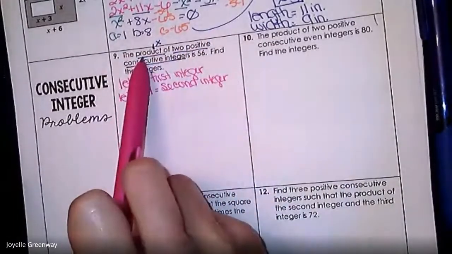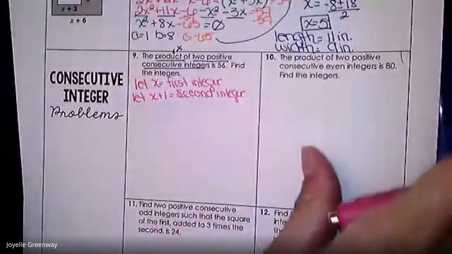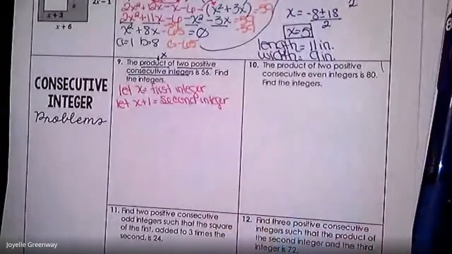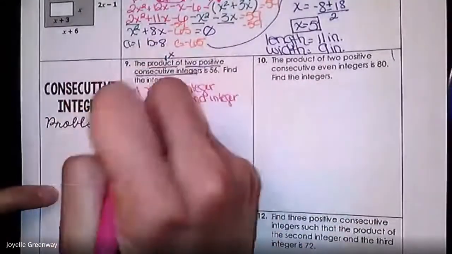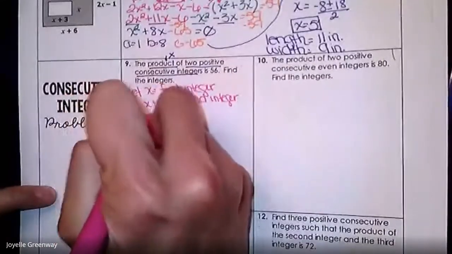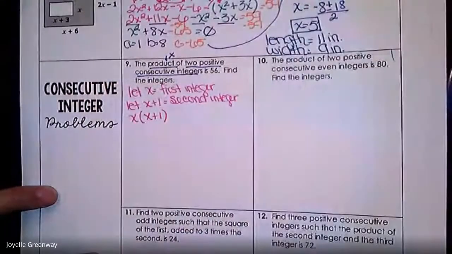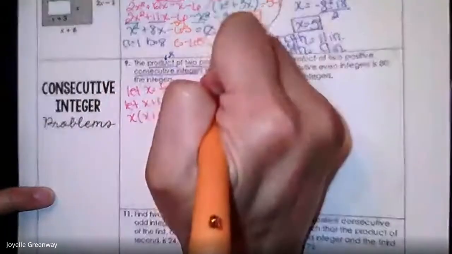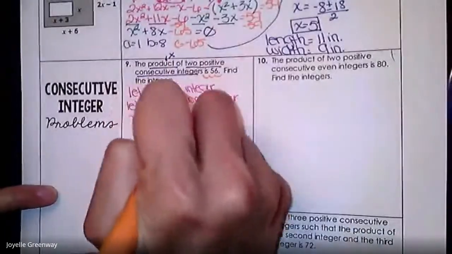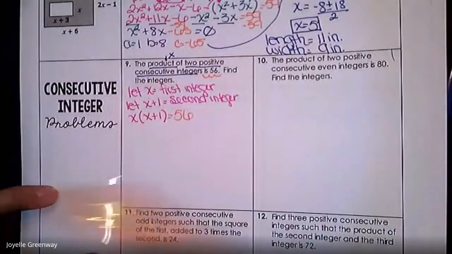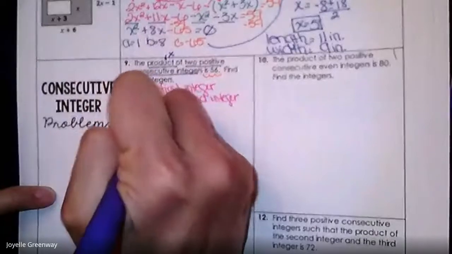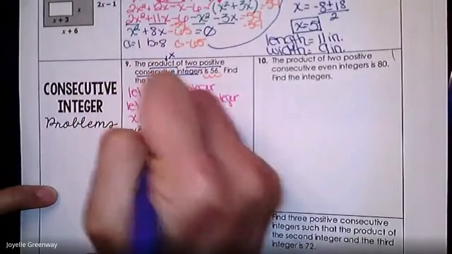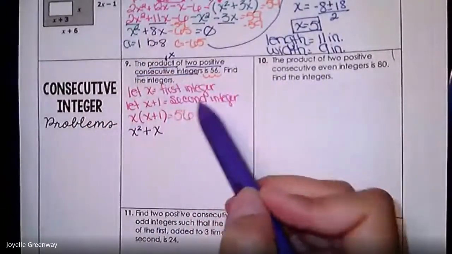So now I have the product of two positive integers. So that means I'm going to multiply x by x plus 1. And that product is 56. So I get x squared plus x equals 56.